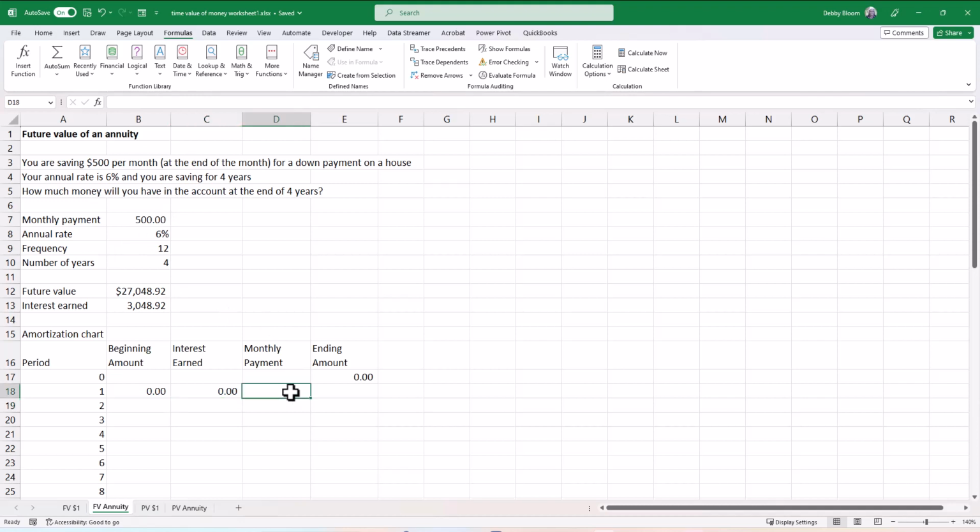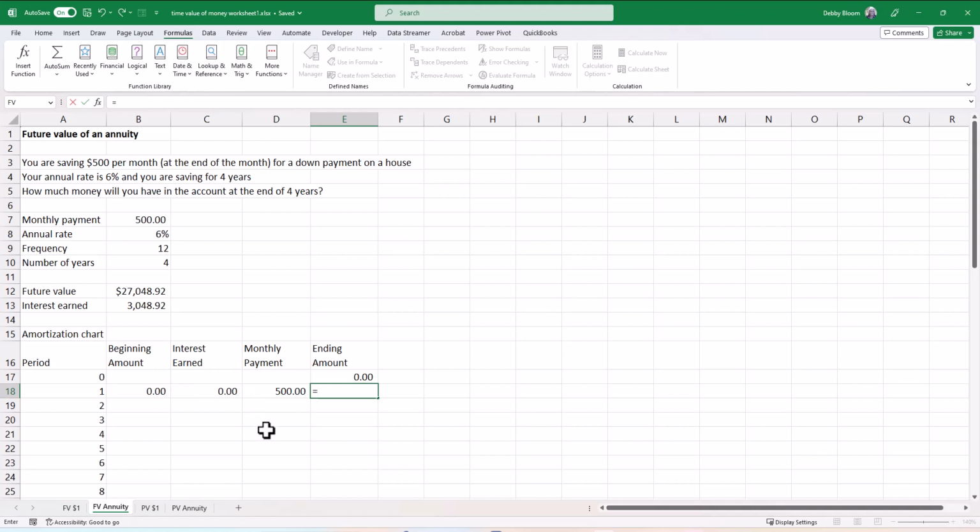Now we're putting $500 a month into the account, so equals, click on cell B7, and again, that must have the dollar signs. It will not work without the dollar signs because we want to make sure that it stays $500 at all times. So at the end of the month, we're going to have $500. For our ending amount, we can just sum up B18 to D18.